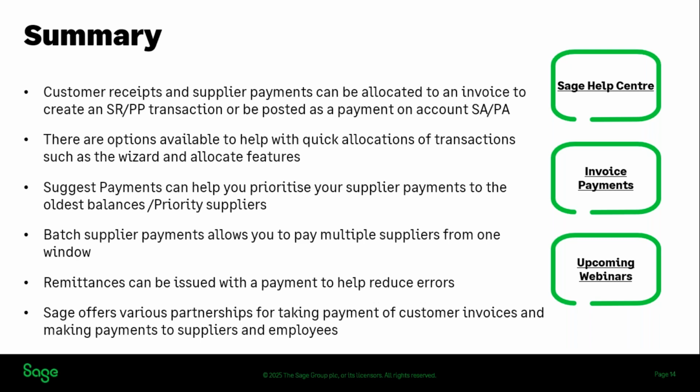The suggest payments feature, which is available in Standard and Pro, will help you prioritize supplier payments, so you're paying off the oldest balances. And the batch supplier payments window is there to save you time from having to go in and out of different records repeatedly.